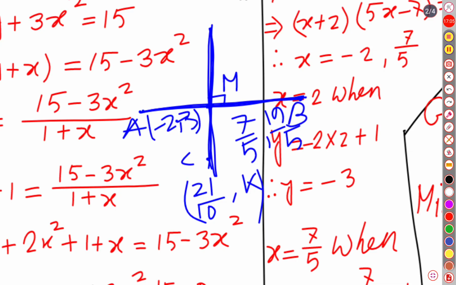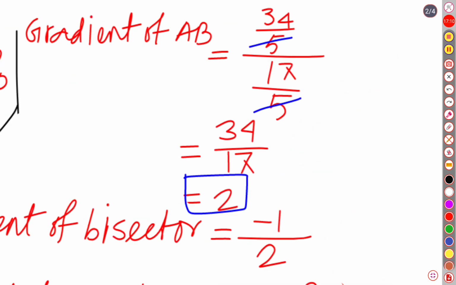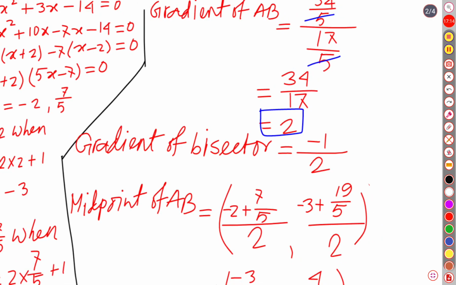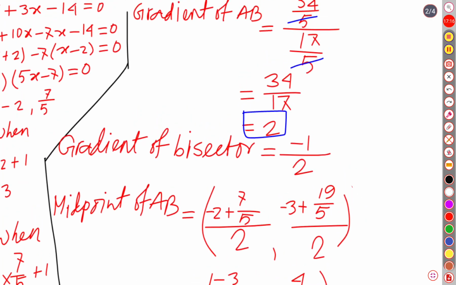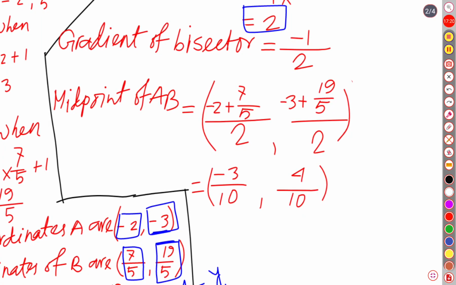So as we have got the gradient of AB, which is 2, the gradient of the bisector will be negative half.